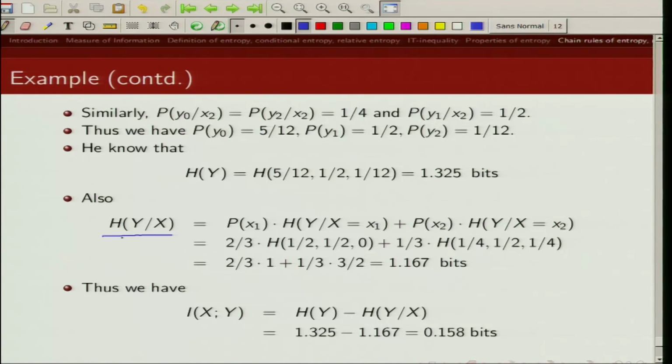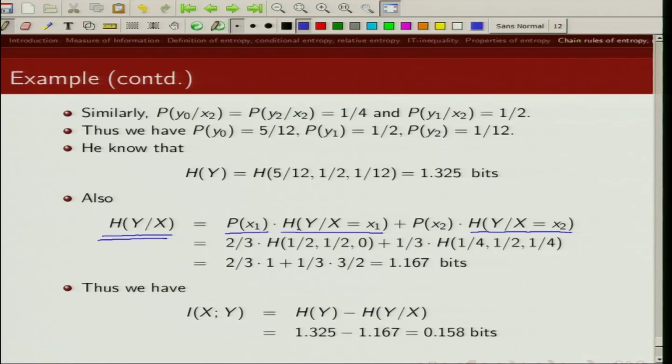Similarly, we can compute the conditional entropy of y given x. This is given as the conditional entropy of y given x1 into the probability of x1, plus the conditional entropy of y given x2 multiplied by the probability of x2.